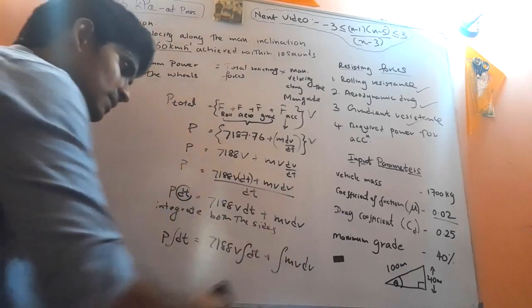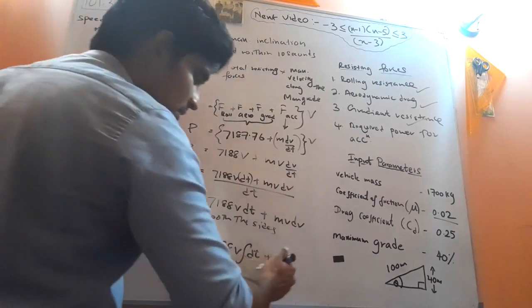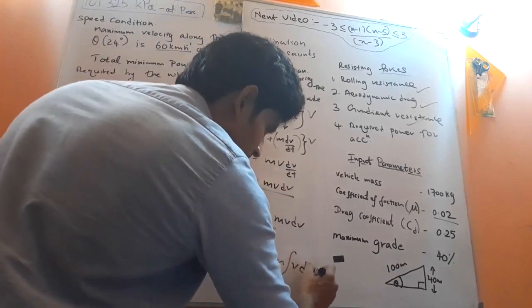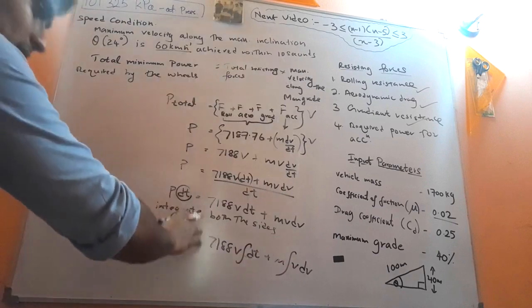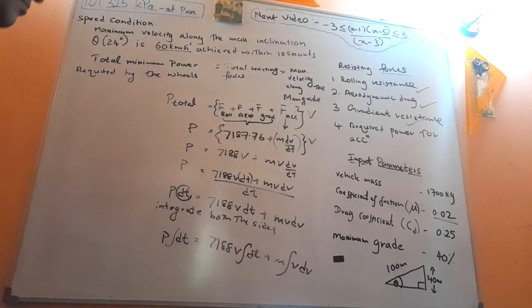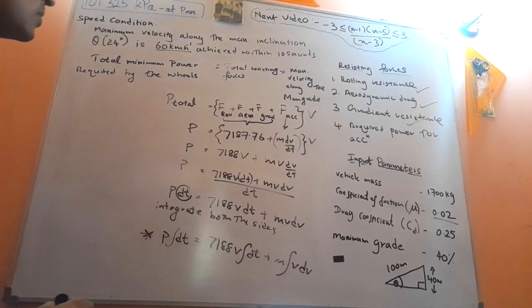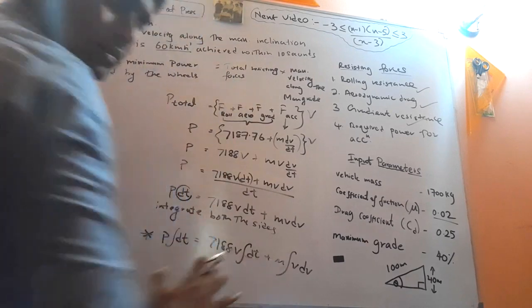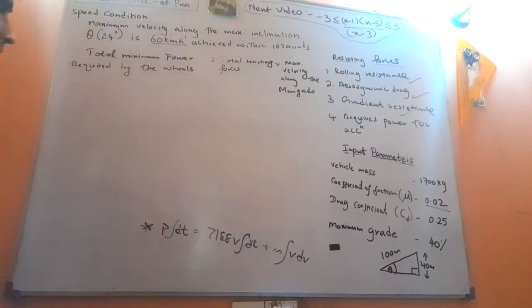So we can take m out of the integral symbol, then v dv. Now let's substitute the values and continue. We have obtained up to this part, so I will erase the above part and continue the simplification from here.